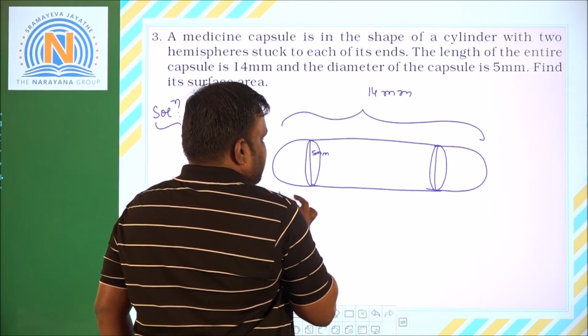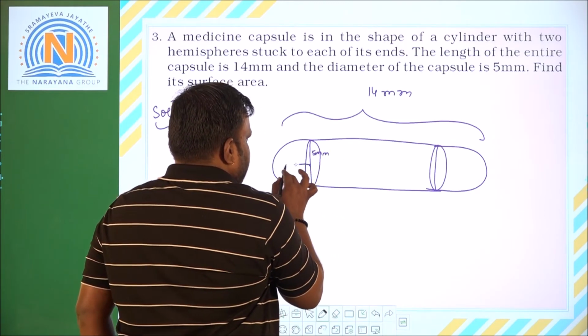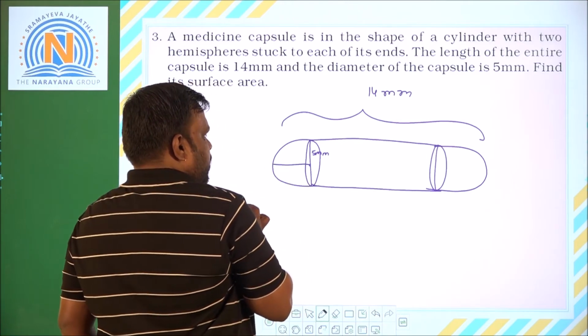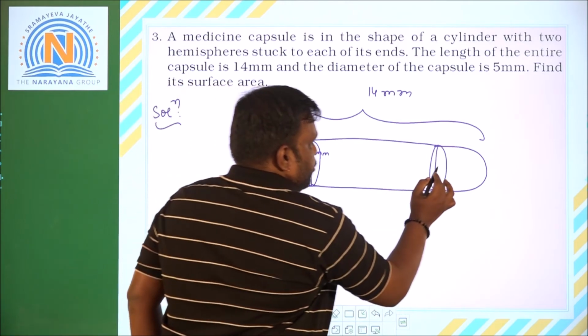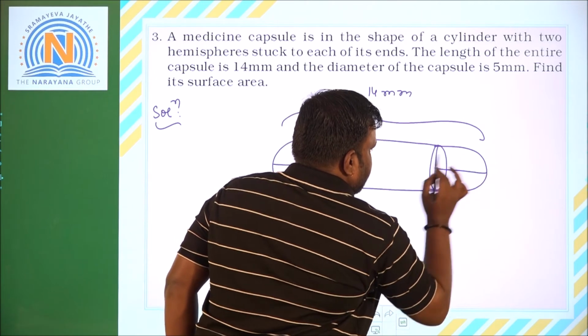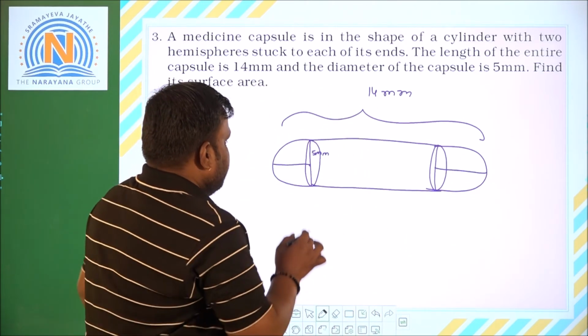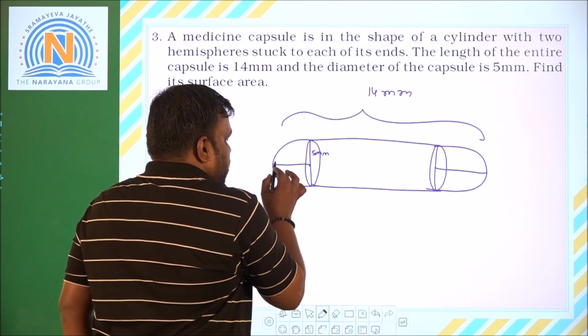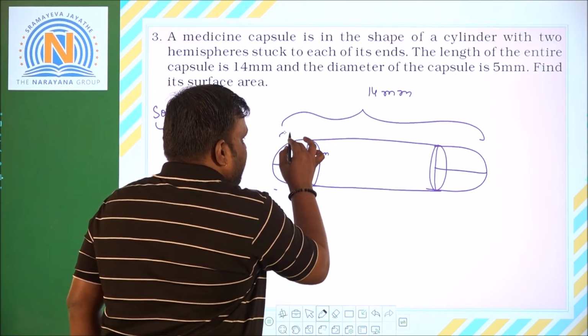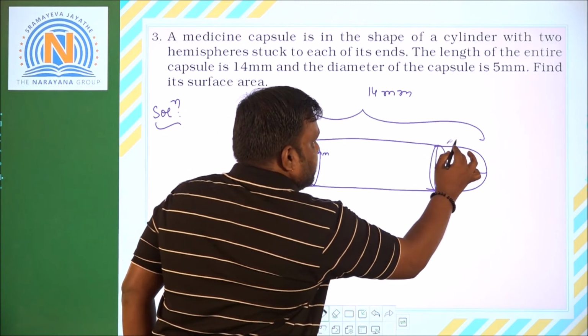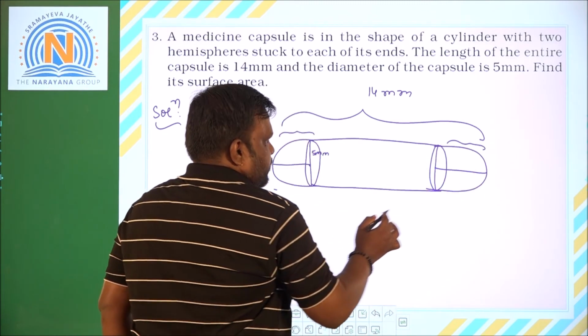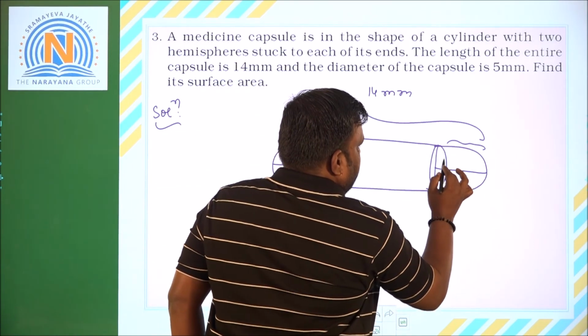Since the diameter is 5 mm, the radius will be half of this, that is 5 by 2 for the case of cylinder. So this is 5 mm, and obviously this part also will be 5 mm.